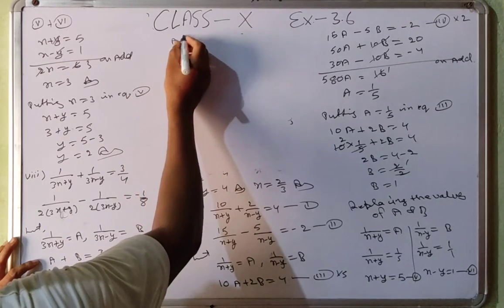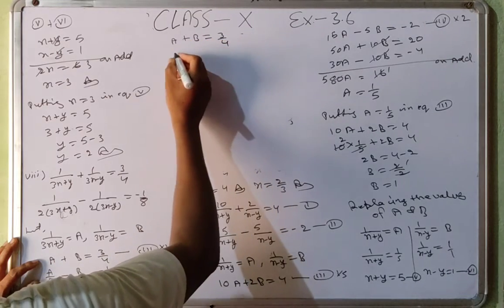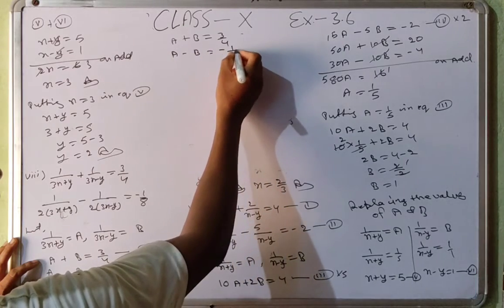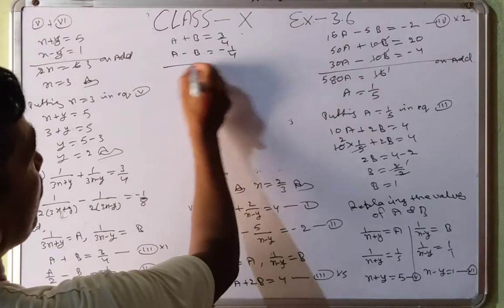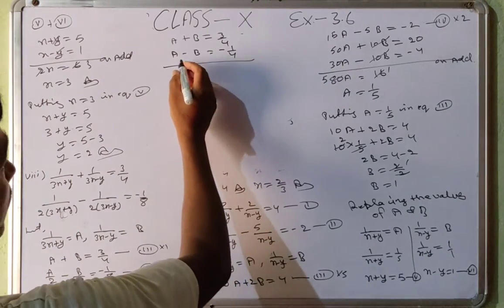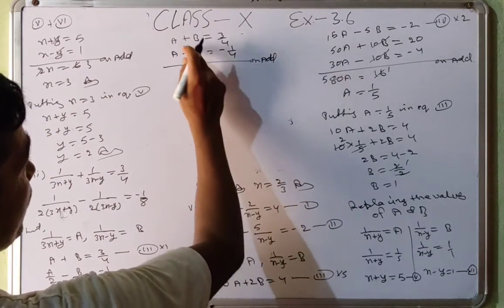So that will be a plus b is equal to 3 upon 4, and this will be a minus b is equal to minus 1 upon 4, because the 2 cancels by 2, cancels by 2, 4 and 8. Now that will be added, because the sign is already changed here.